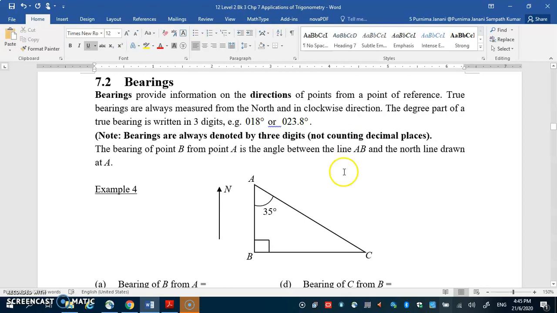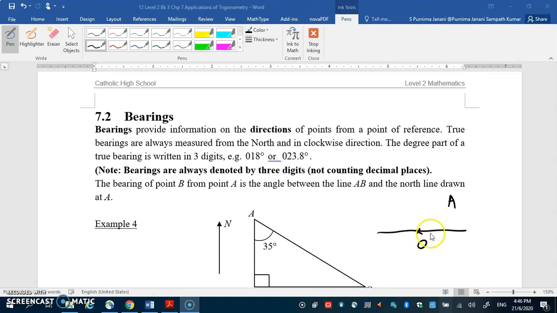Okay, so basically, let's say you are given a point O here and point A here. And let's say the question says, find the bearing of A from O. So what do you do?